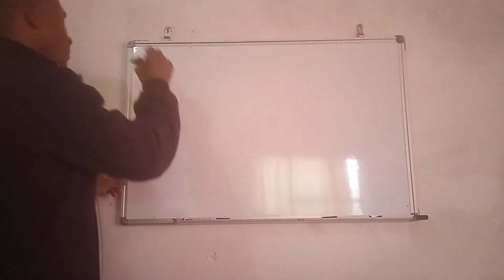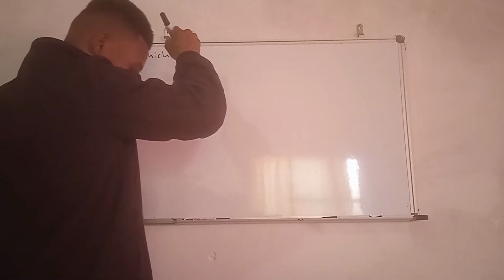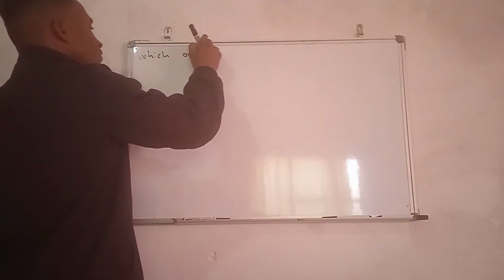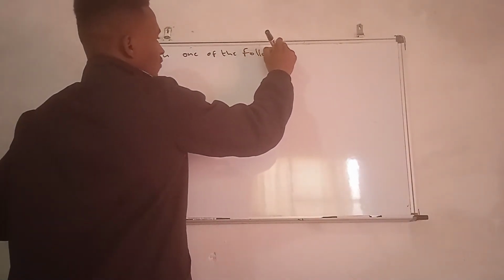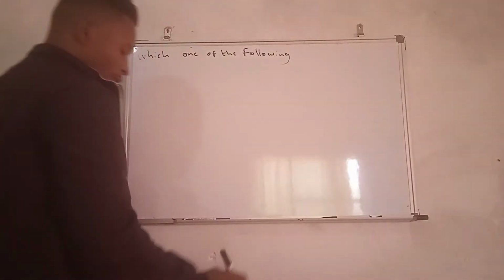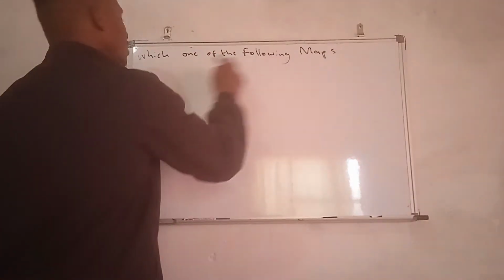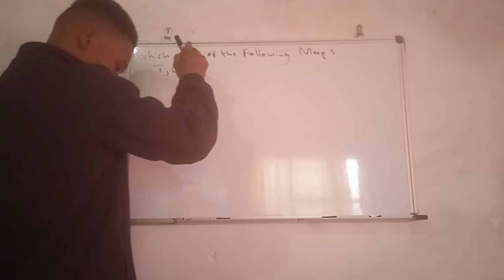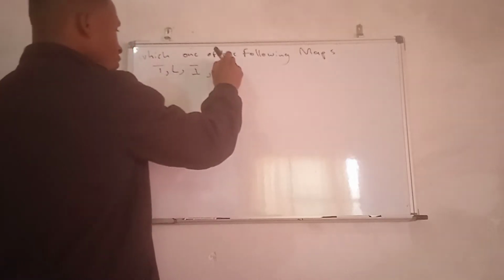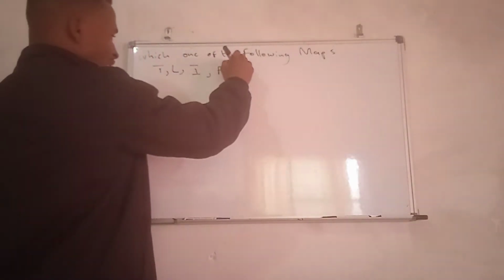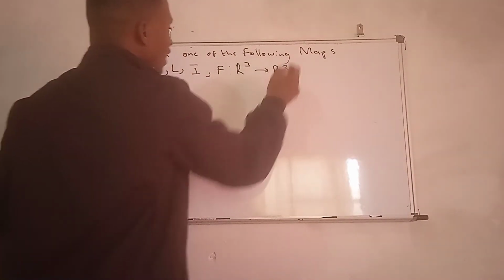Suppose that we are given this problem and they are saying, which one of the following maps T, L, I, F maps from 3 dimensions all the way to 3 dimensions.